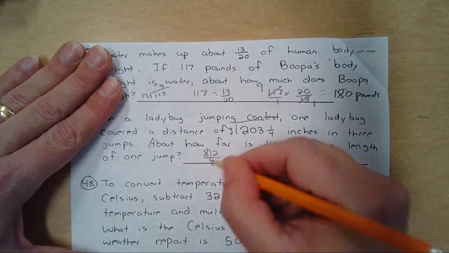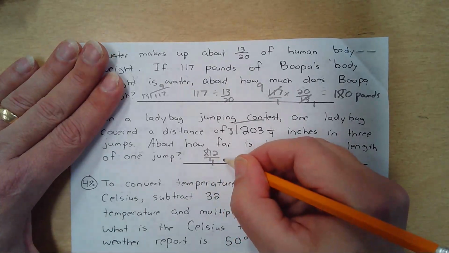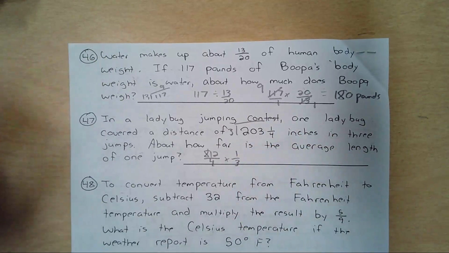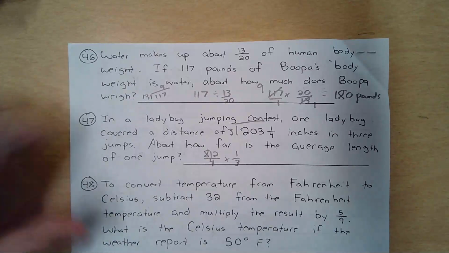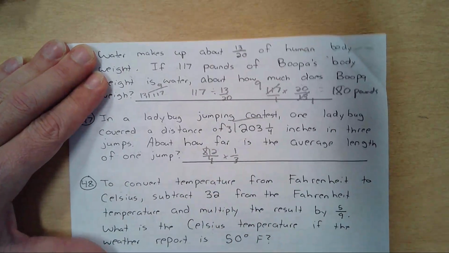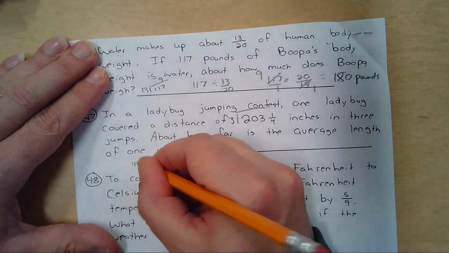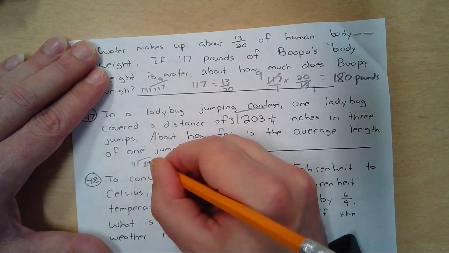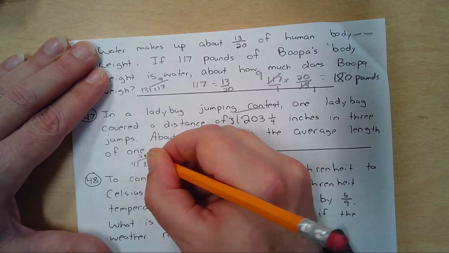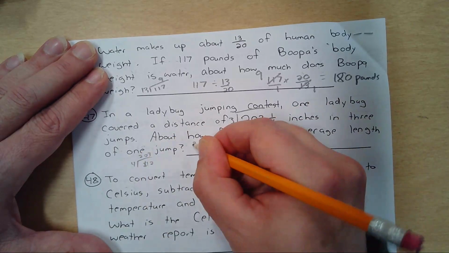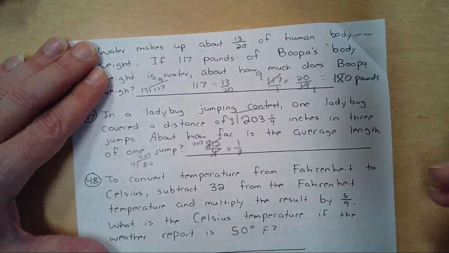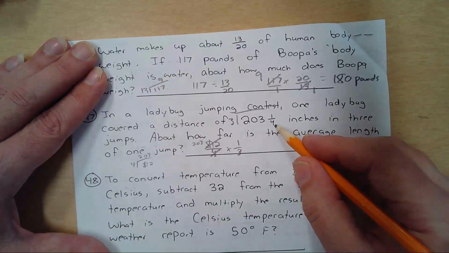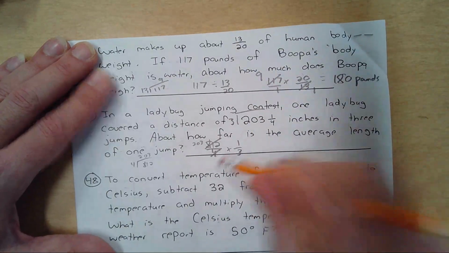So dividing by 3 is the same as multiplying by 1/3. And this could be simplified here. So 4 and 2, 8, 12. 203. No, 8, 12 plus 1. It's 8, 13.